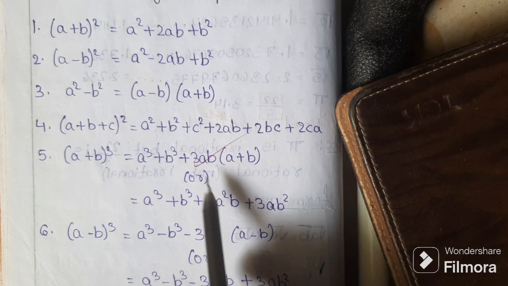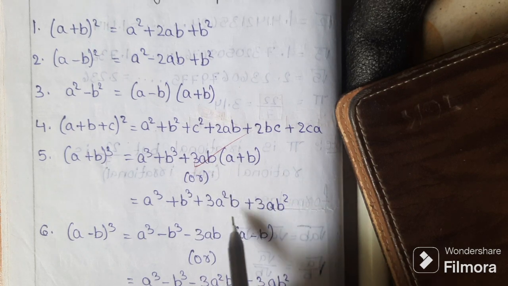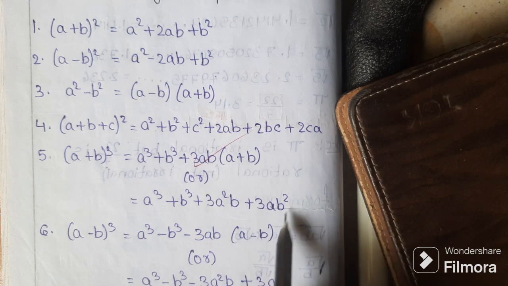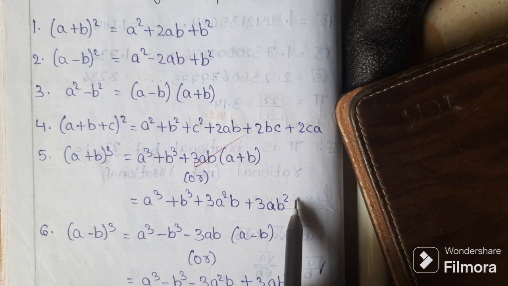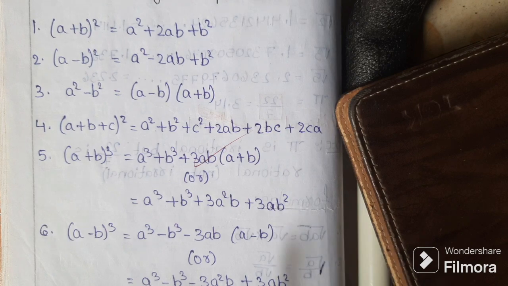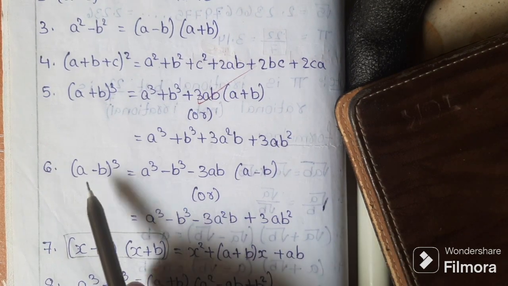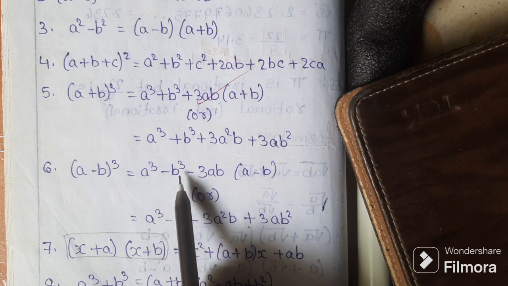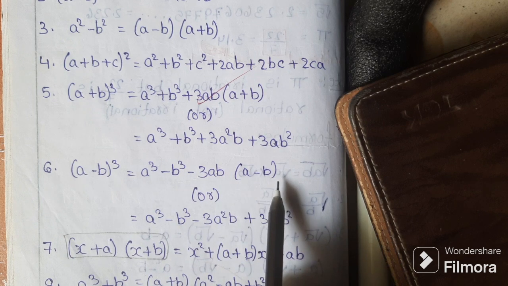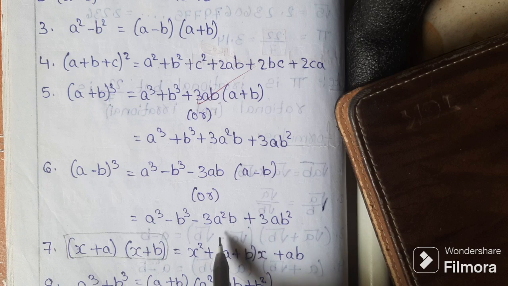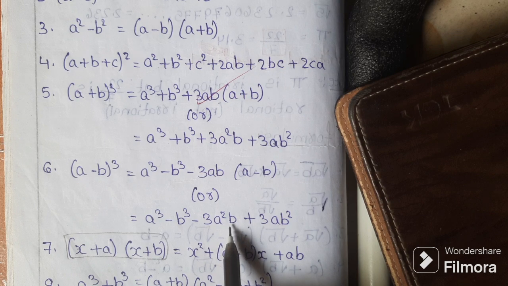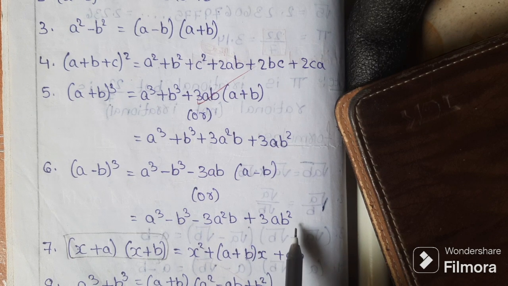Sixth one, a minus b whole cube is equal to a cube minus b cube minus 3ab into a minus b, or in another way a cube minus b cube minus 3a square b plus 3ab square.